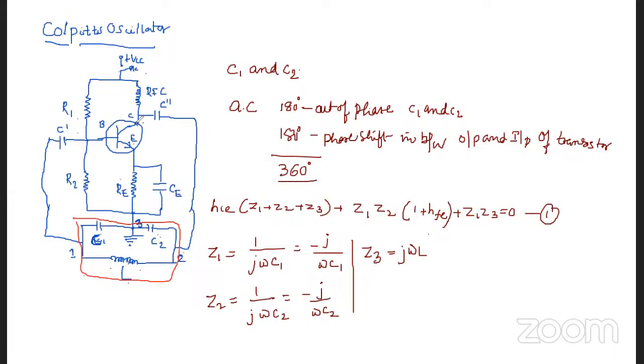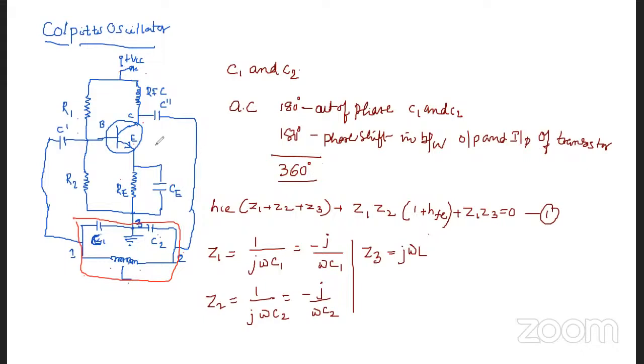Therefore, the total phase shift is 360 degrees or 0 degrees, which produces sustained oscillations. So the phase shift condition for sustained oscillations is satisfied, and it gives continuous undamped oscillations.